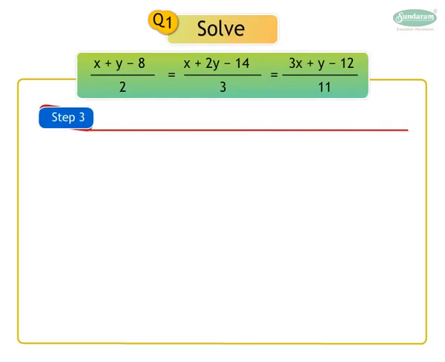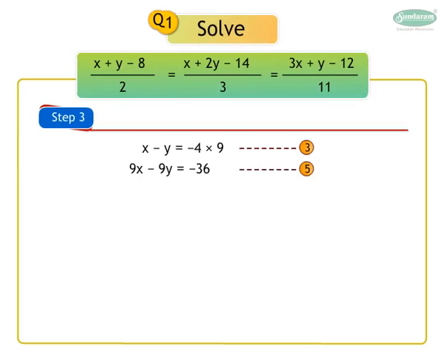Step 3. Now we proceed to eliminate x by multiplying equation 3 with 9. (x minus y is equal to minus 4) into 9. We get 9x minus 9y is equal to minus 36. This is equation 5.